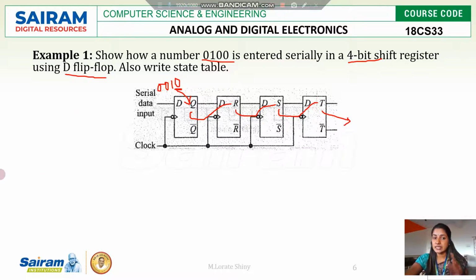This is happening in the first cycle. Then in the second cycle, 1 will be the current state of Q and the previous states will be shifted to the next flip-flops.